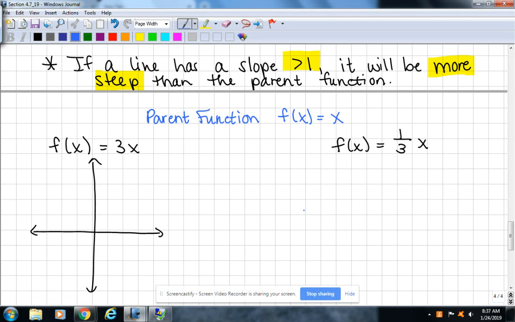Or just y equals x, right? So I'm going to graph that one first. It starts at 0, 0. And it's up 1, right 1. Looks something like that. So there's my parent function.